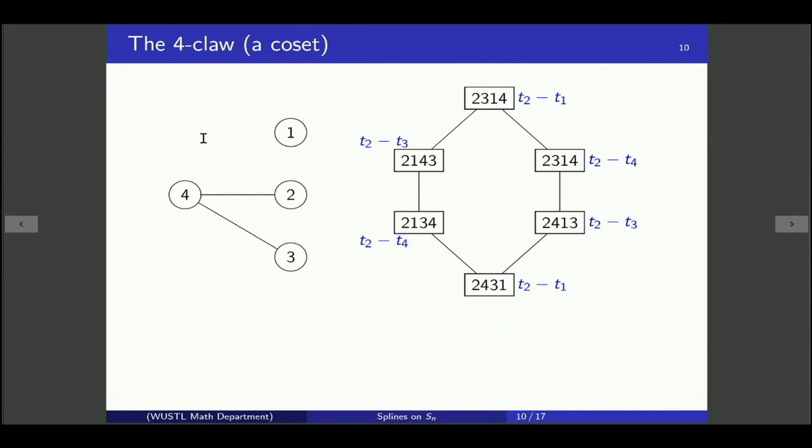How are we going to build a spline? What transpositions are we not allowed to use? Which is essentially going to be what edges are coming out of this subgraph in the big picture that I had before. So for the bottom one, we can't hit it with (1 4), which would switch 2 and 1, so I'm going to give it T2 minus T1.